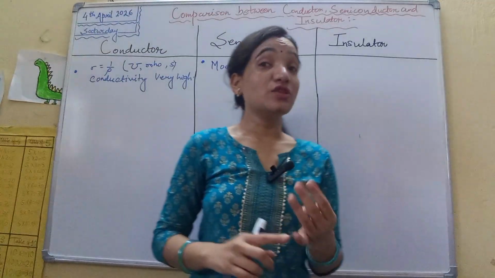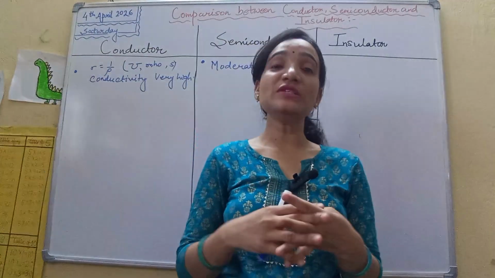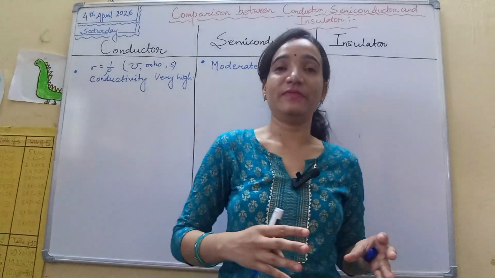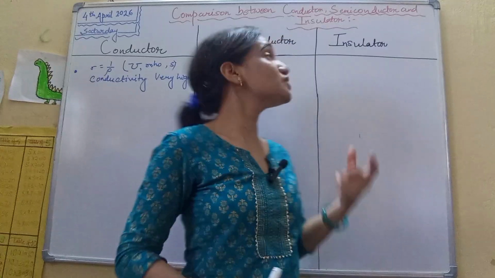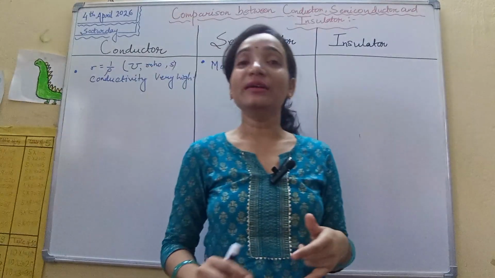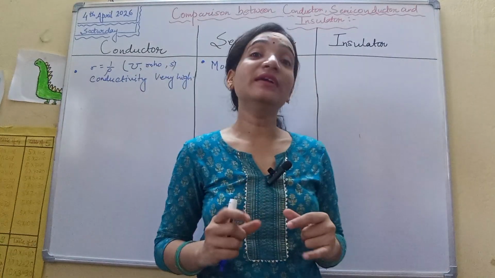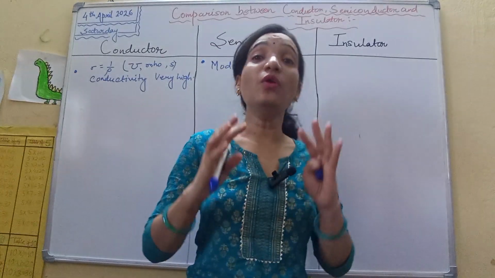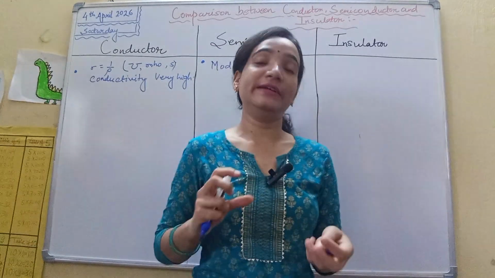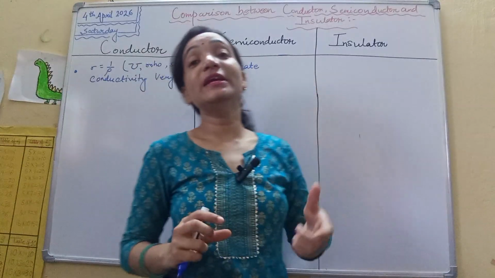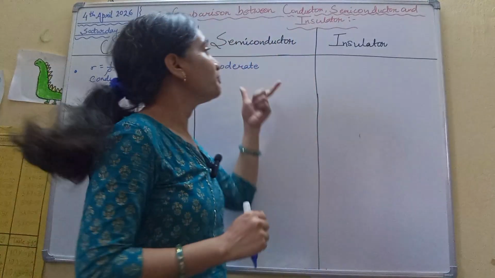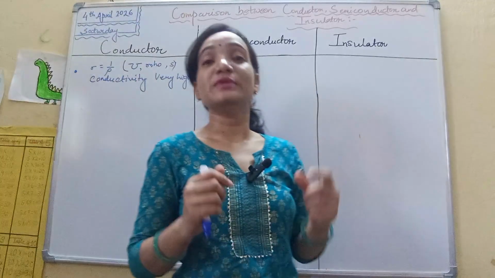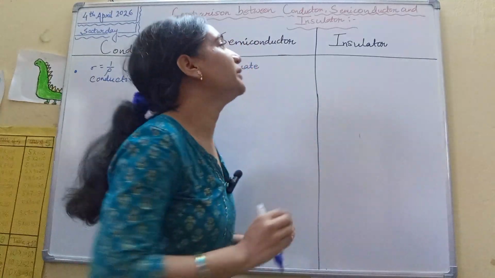Remember, in the previous video we talked about electrical devices and electronic devices. In electronic devices we use semiconductors, because in a semiconductor we can control the flow of charge and the current. So the conductivity of the substance is moderate.